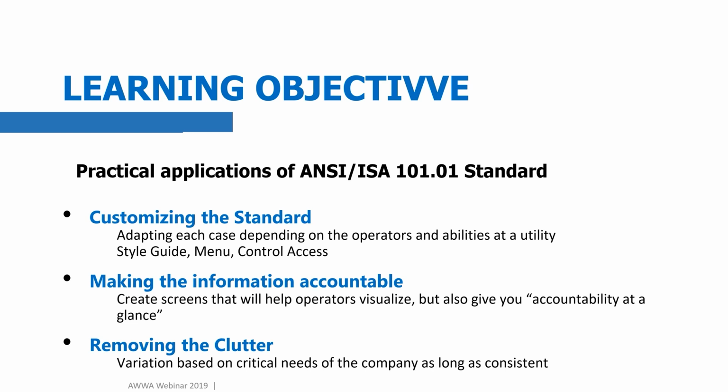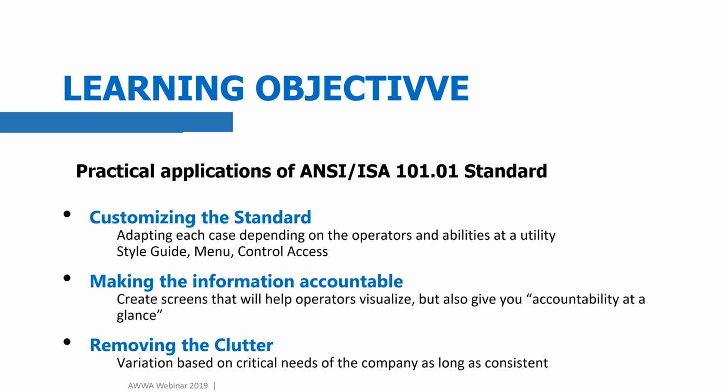It all comes down to making the information accountable. So everyone talks about data and having data on your screens, but data is only important if you can take action on that data. So creating screens that help operators visualize, but also gives you the accountability at a glance to be able to determine the information on the screen that requires action.